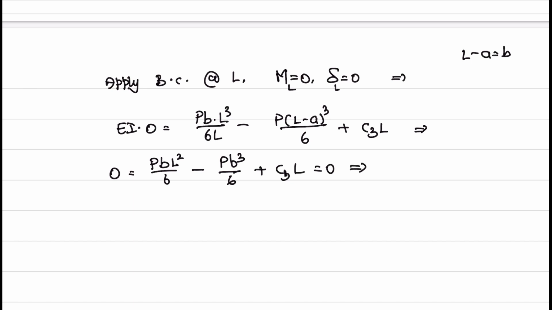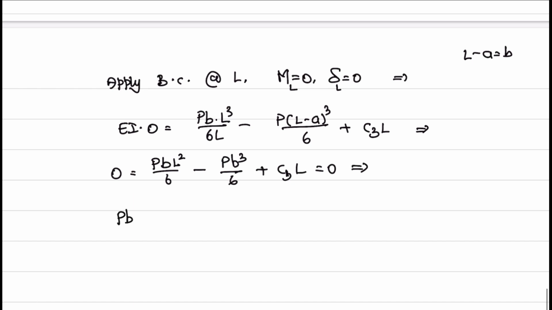That means PB by 6 into L square minus B square plus C3L is equal to 0.